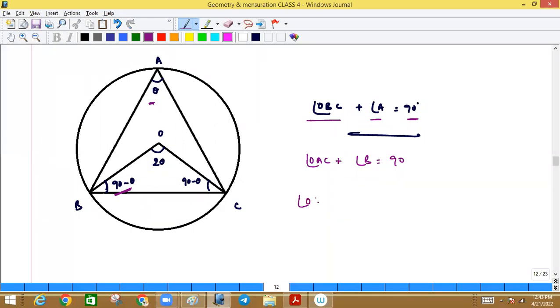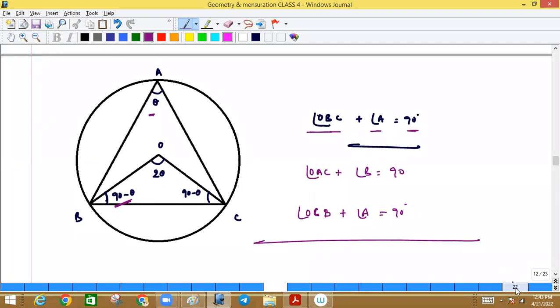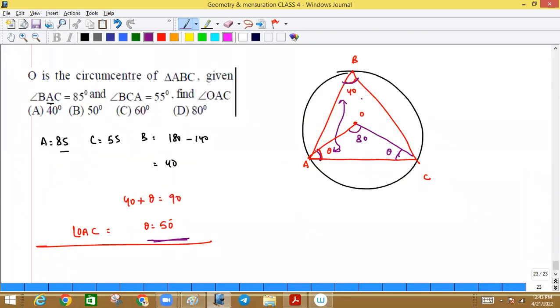A is done based on OC. If you take it as B plus angle A is what? 90 degrees. Understood? Same is the case. Simply this angle and this angle or this angle and this angle, both of them complementary angles. Complementary angles means their sum is 90 degrees. Copy that.